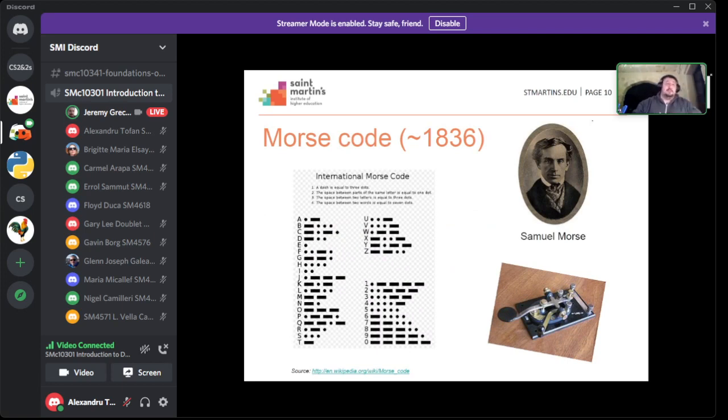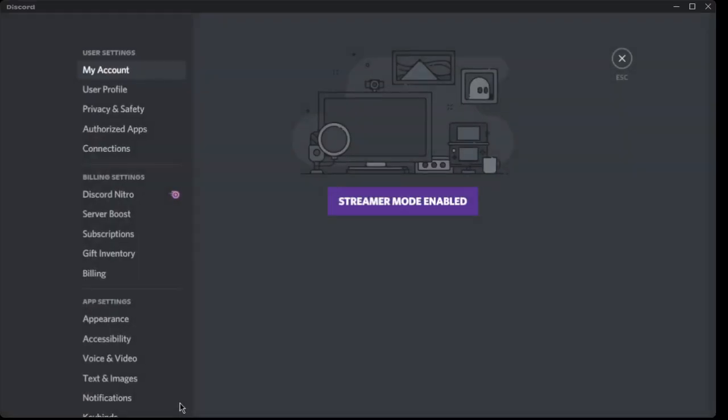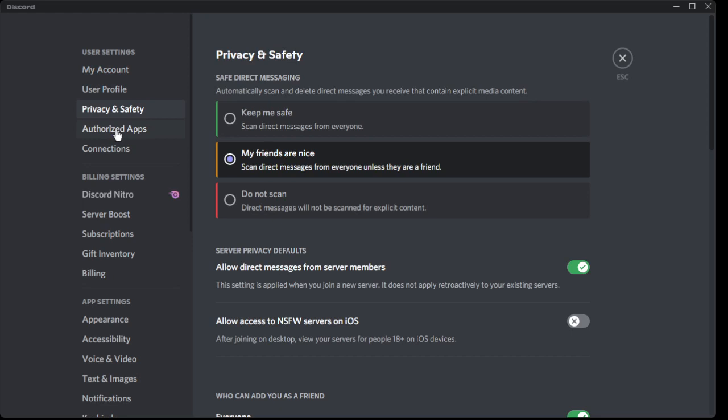It's still technically speaking being used today, even for ship to ship communication via light flashes. You probably have seen certain devices like this, even in period films such as, I don't know, Titanic and so on and so forth.